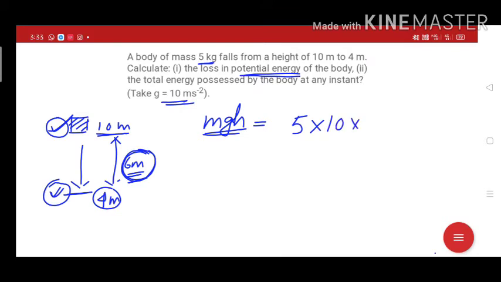It is given in SI unit. The mass is also given in SI unit, and actually there is a fall of 6 meters, so we are going to write 6 meter, because you know that loss in potential energy is actually the fall in height.